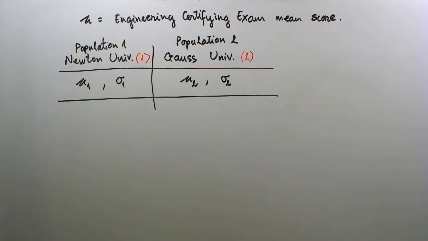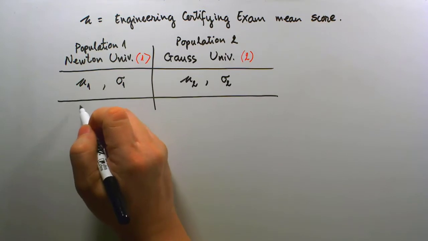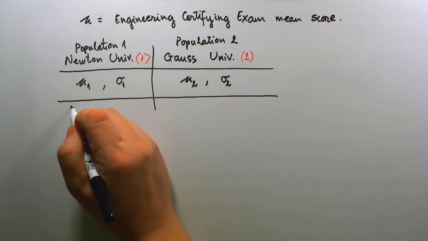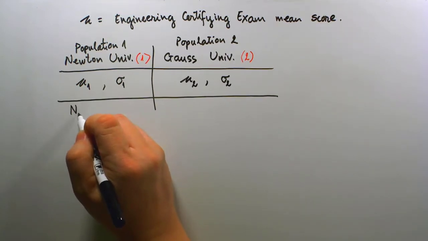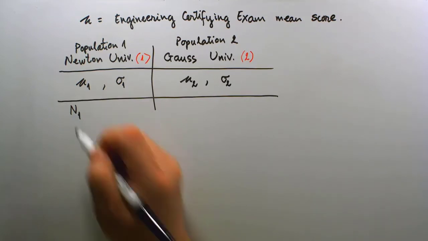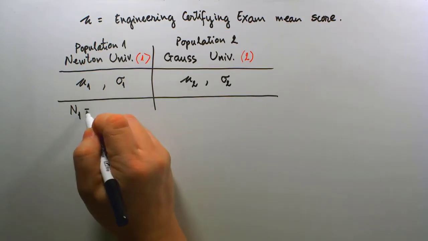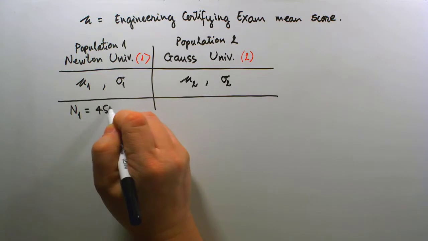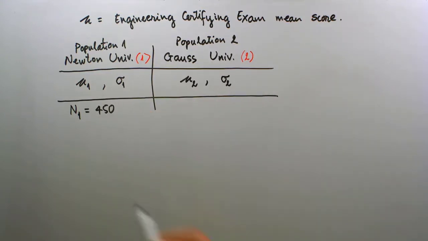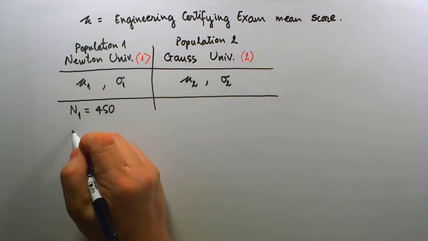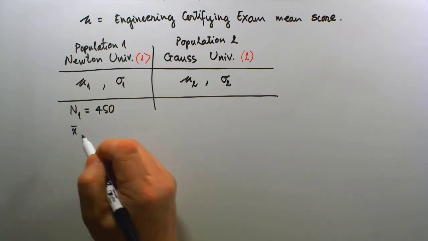And so now on the writing board, the sample size that I use to collect samples on population 1, now I name that N1. This is 450. The sample mean that I have already found, that I have already had in hand, that's x bar 1.